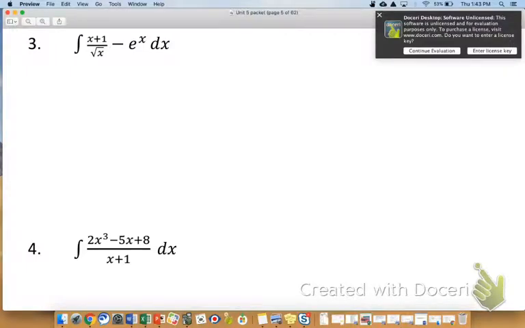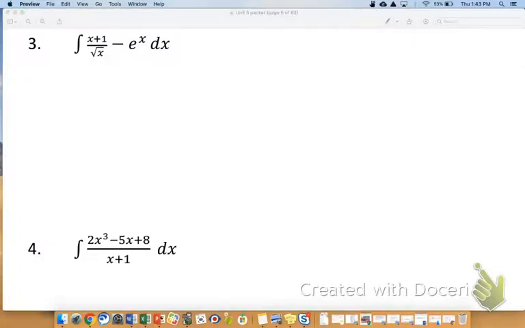All right, let's see how this one went for you. Here would be one way of approaching this. You could take that first term and write it as a separate antiderivative from the second term. That might be wise, because isn't the second term the easiest of the bunch?